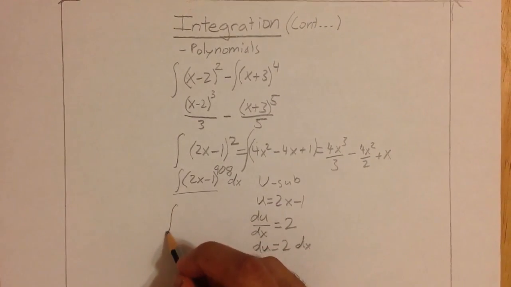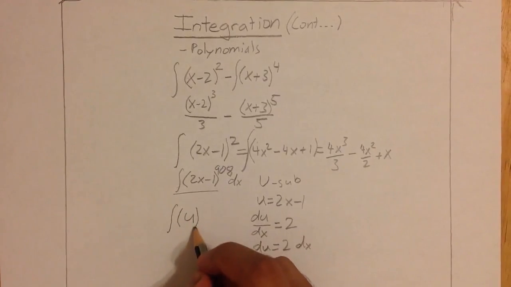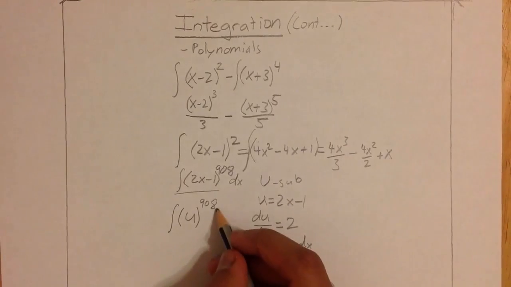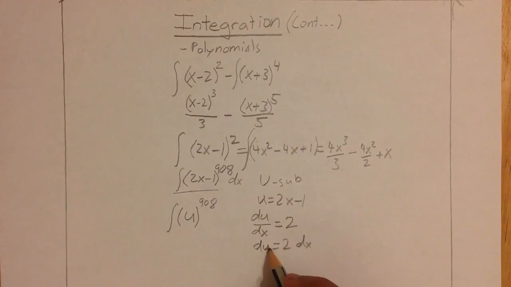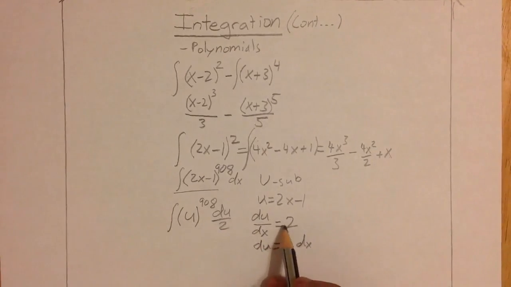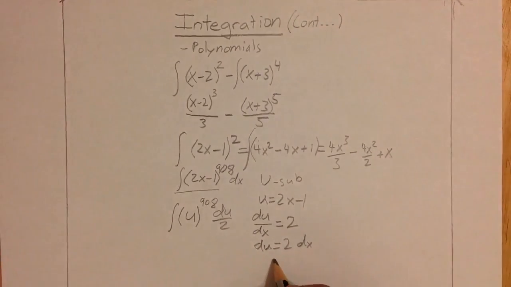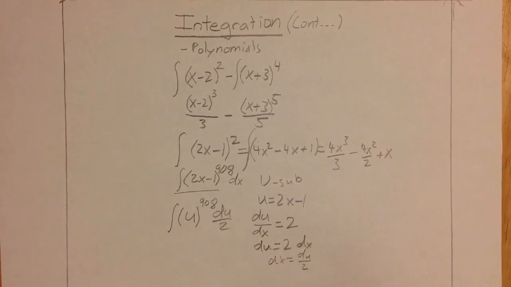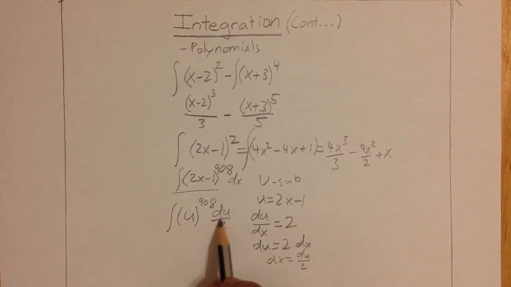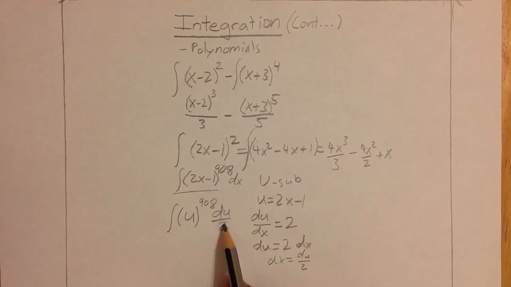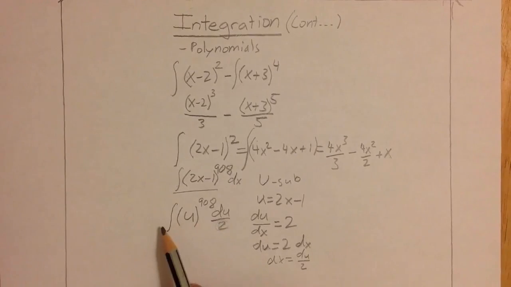Let's put in the integral of u, which we plugged in for 2x minus 1, to the 908th power, and then for dx, we'll substitute du over 2, because this gives us that dx equals du over 2. Now the problem is with this 2 here. Recall that when you have a constant in a term with an integral, you can pull out the constant. So let's pull the 2 out front.